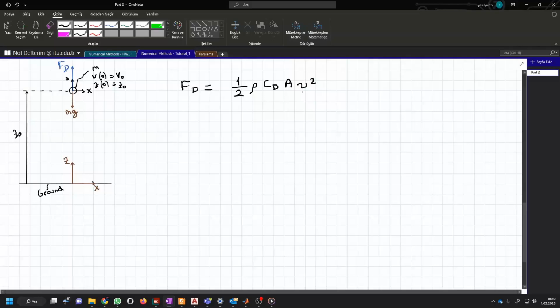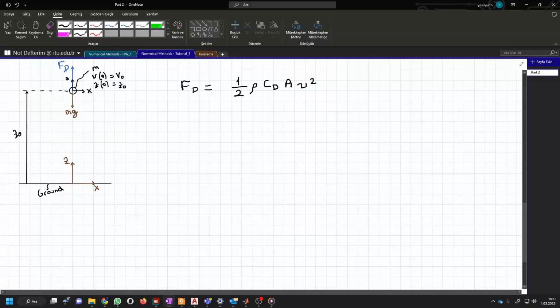If it is positive, positive. But in reality, if the velocity is negative, which means our body is going downward, the Fd must be positive, like this.